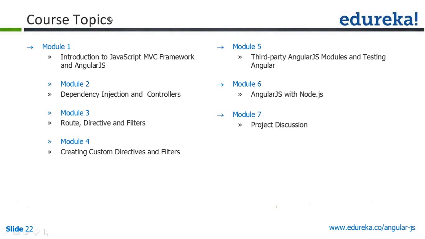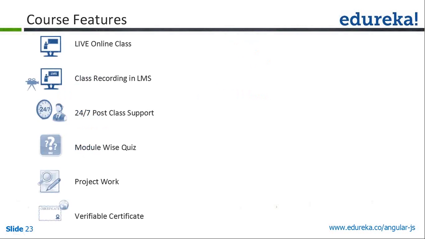So what are all the features in this course? One is live online class. So we will be conducting this course on weekends, and it will be really sufficient time to cover all the modules. And each and every class will be recorded. So if you miss any session, you can attend the next batch session, you can cover it. Otherwise you can get the recorded video session and you can use that.